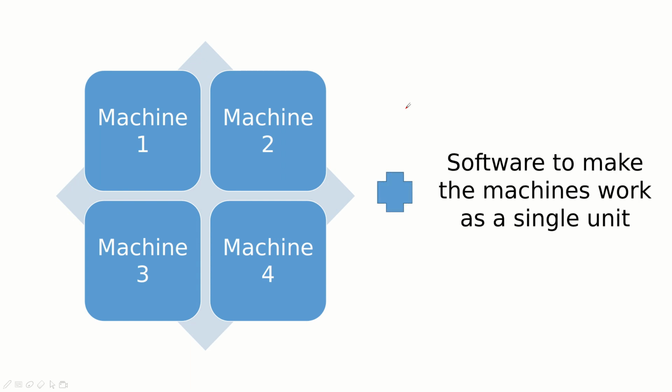What you also need is a software which takes all these machines and makes them work as a single unit. So the hardware part comprises machines connected with each other, and the software is something special that makes this entire collection of machines appear as a single unit.